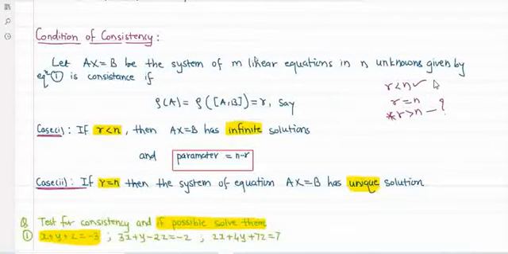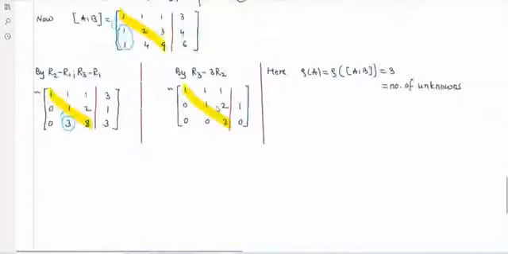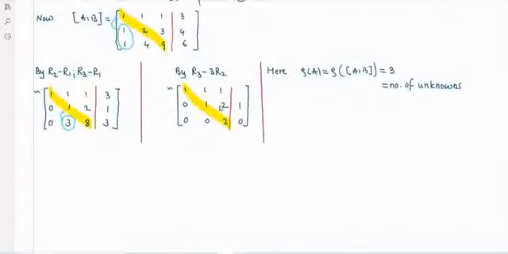R is equal to N, or first one, rank of A is equal to rank of AB. Therefore, the given system of equations is consistent, meaning a solution exists. If a solution exists, then next you have to decide whether the solution is unique or infinite. What is the case here? Unique solution. Both the statements I will combine.